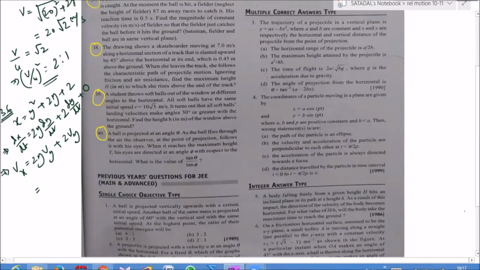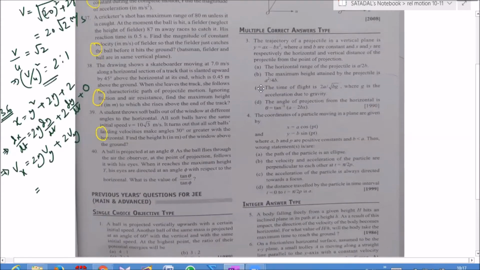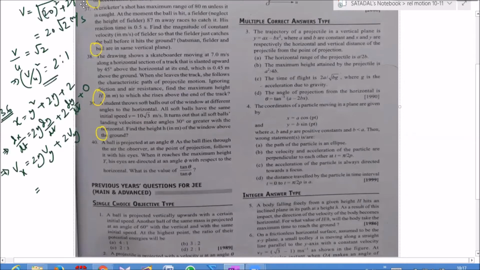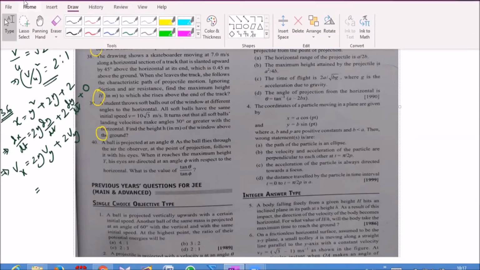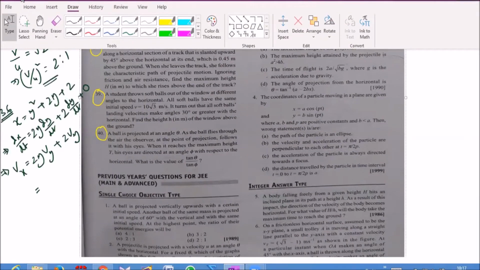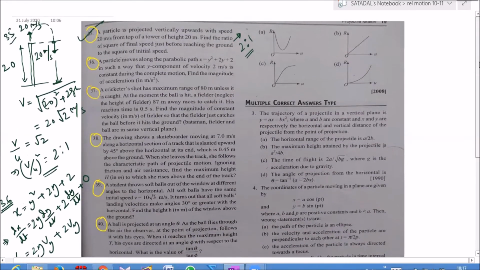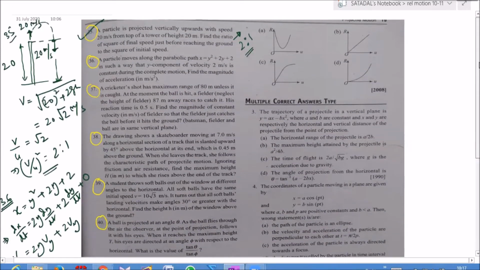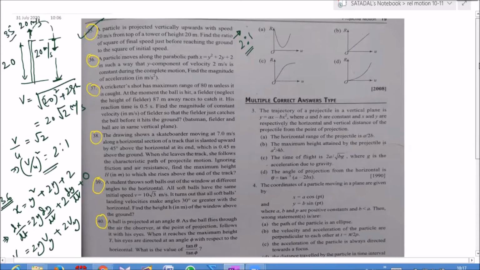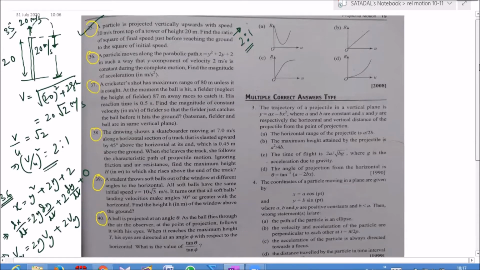Right now? Okay. Right. Now the velocity they have already told, this is equal to 2 meter per second.